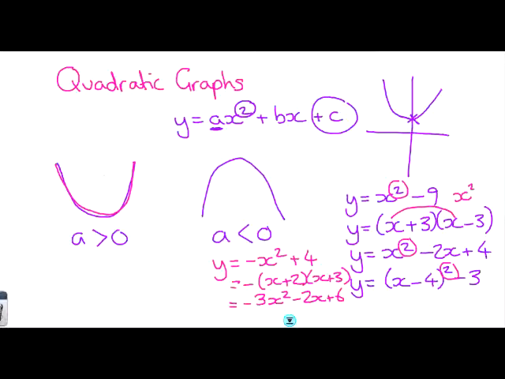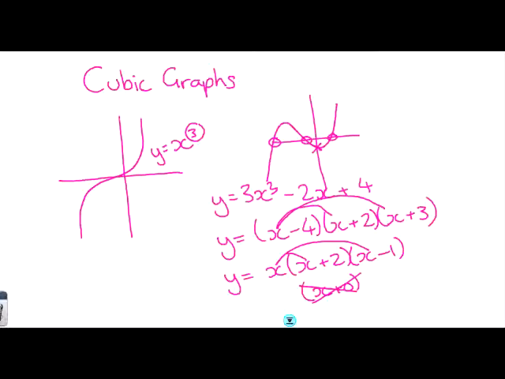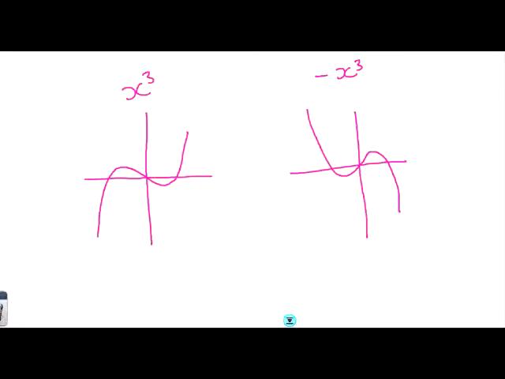If I draw an axis, you'd see it's reflected in the x-axis. So this is going to do exactly the same. Instead of starting at the bottom left, we're going to start at the top left, and you would get something like that. So anything with a minus x cubed is going to turn it upside down.